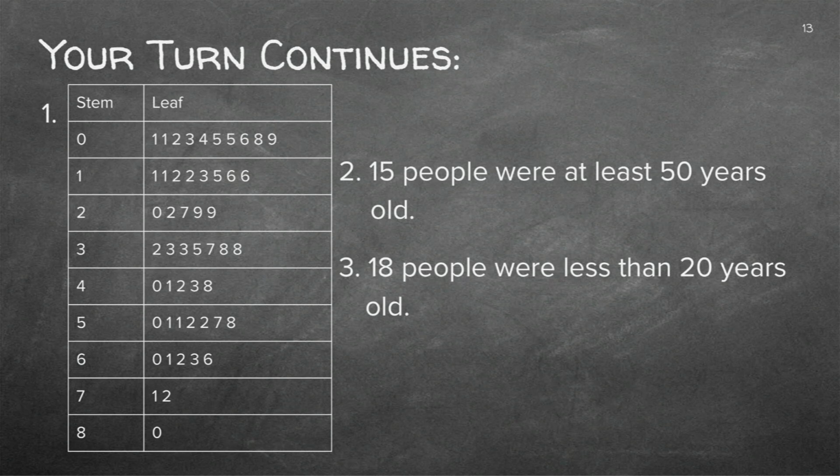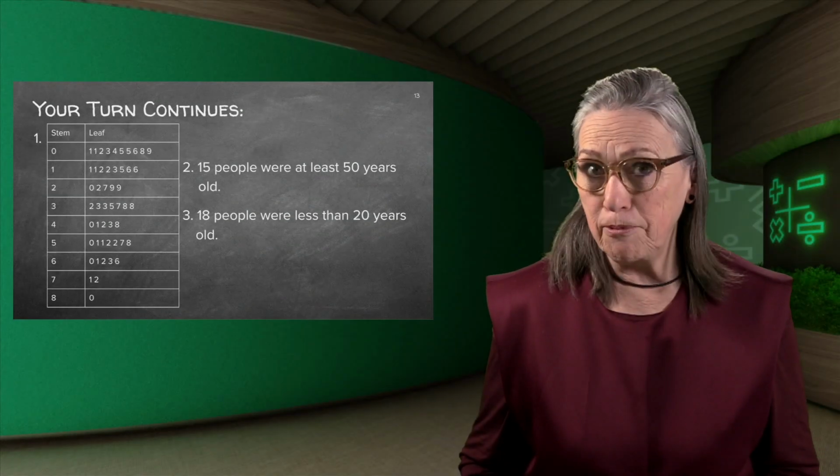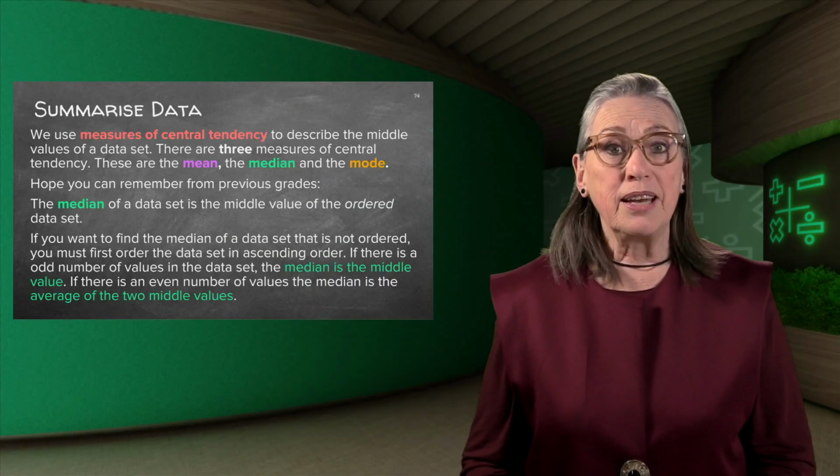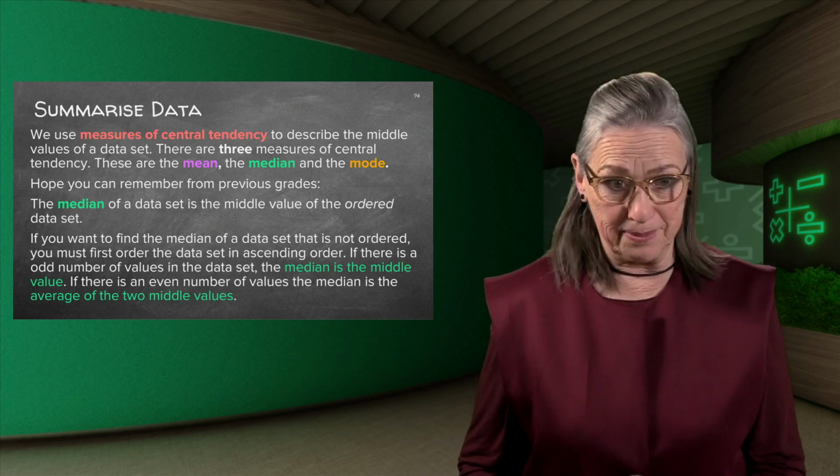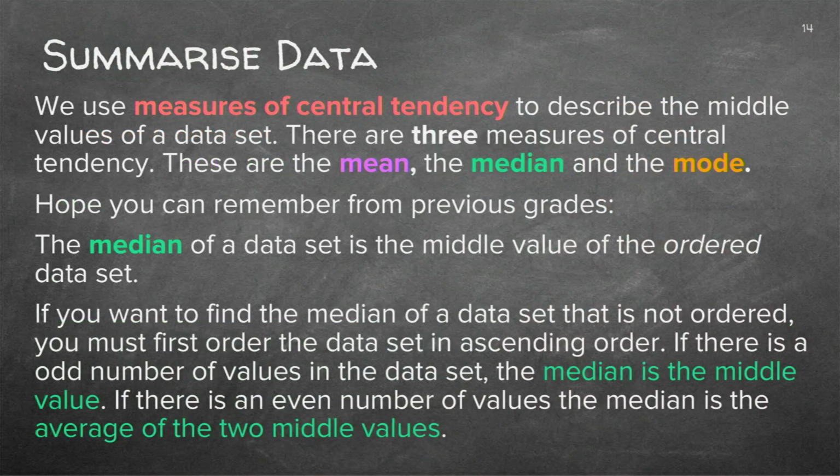So again, you can pause and check your answer and see if you agree with me. And now we're going to continue from this. So I hope you enjoyed this section. And now we're going to go even one step further. Now we're going to summarize data further. We use measures of central tendency.